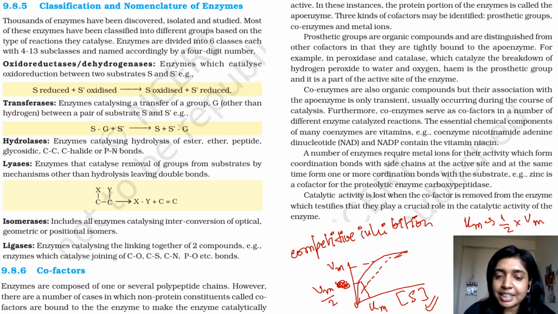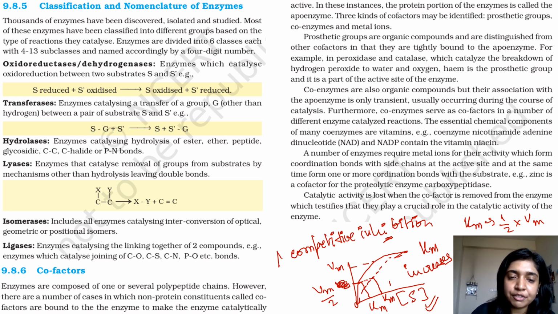Since you have increased the substrate so much but the Vmax is still the same, you will reach Vmax by 2 at a later stage, in the sense that you will require more substrate to reach half of the maximum velocity. So in competitive inhibition, the Km increases. That is, the amount of substrate required to reach half of maximum velocity increases.